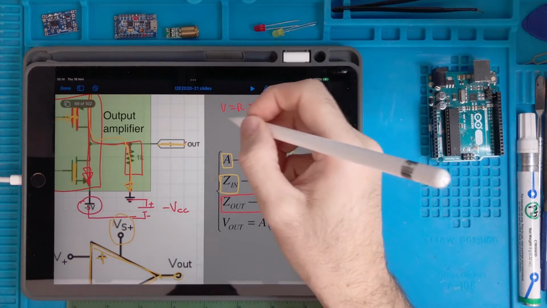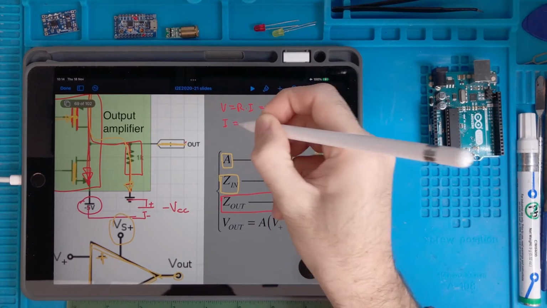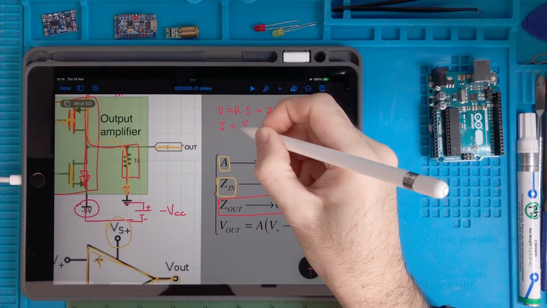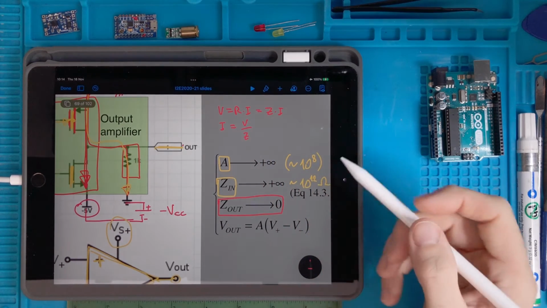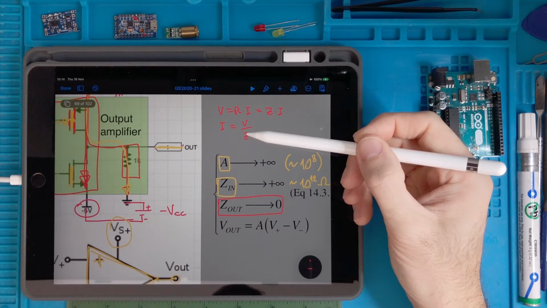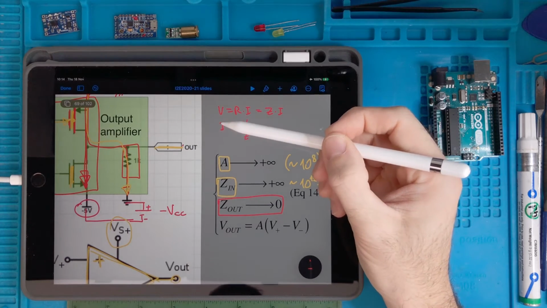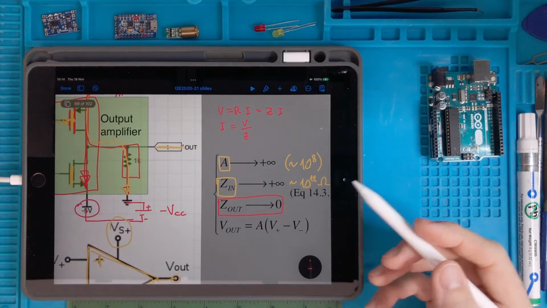So if we compute the output current, I is equal to V, the output voltage, divided by Z. If the output impedance is zero, then I goes to infinity in the limit.